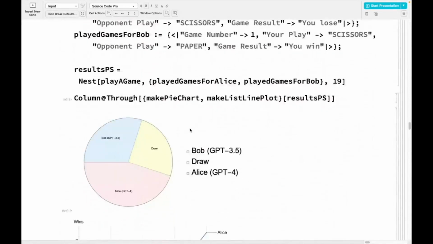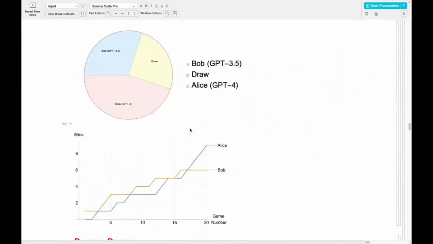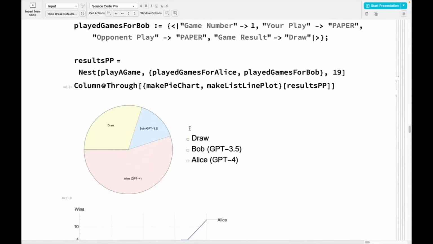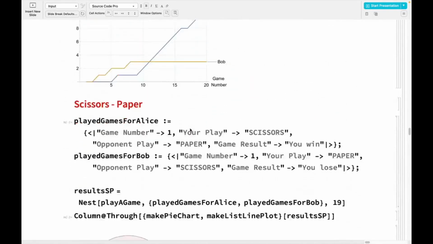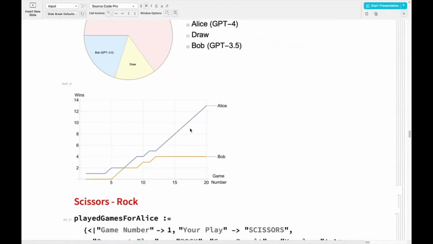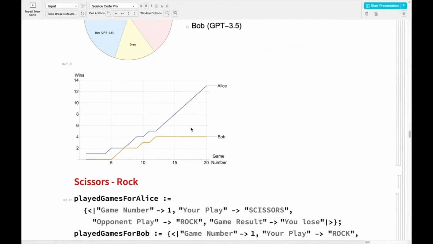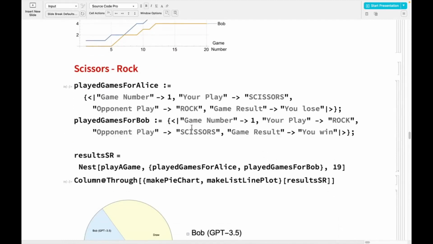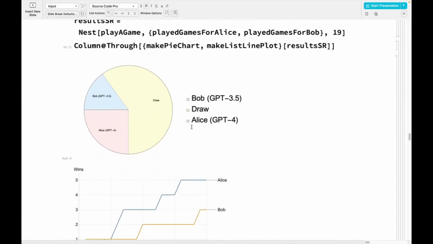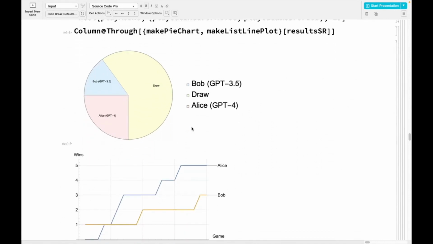I think there is also one configuration where Bob manages to beat Alice out of the 9 different ones, but overall is again losing, and later we will see why, or partially we will be able to explain why GPT 3.5 is much worse than GPT-4.